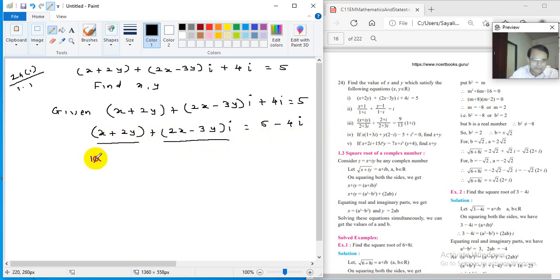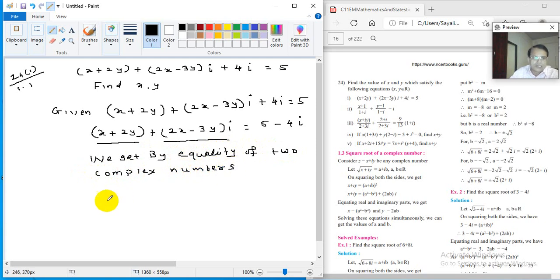So by equality of two complex numbers, what we get? x plus 2y is equal to, now what is the real part here? 5.